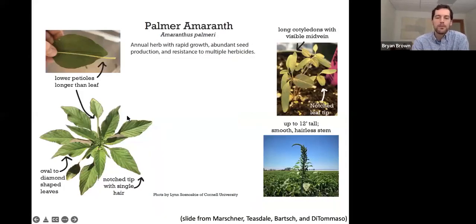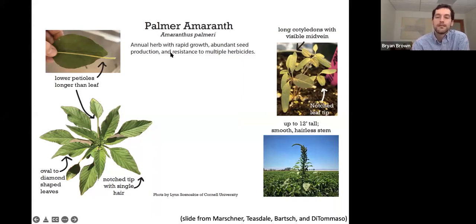Okay. Palmer amaranth is not as widespread at the moment as water hemp, luckily, but it is in I think 3 counties last I checked in New York, and is a very serious and competitive weed.